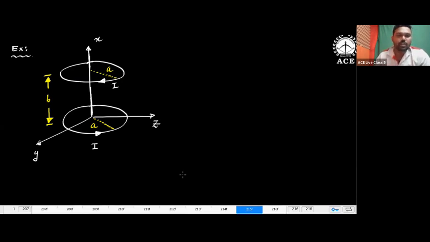I want to find out the overall magnetic field intensity at point x is equal to B. I'll call this loop 1. I'll call this loop 2. What is the magnetic field at x is equal to B, beta?